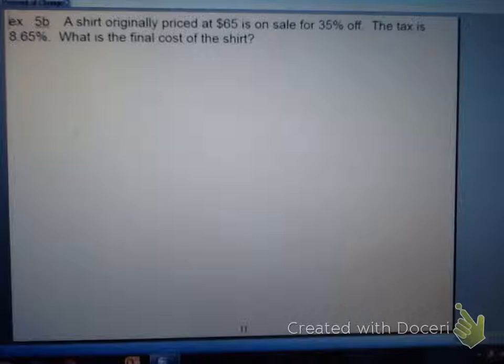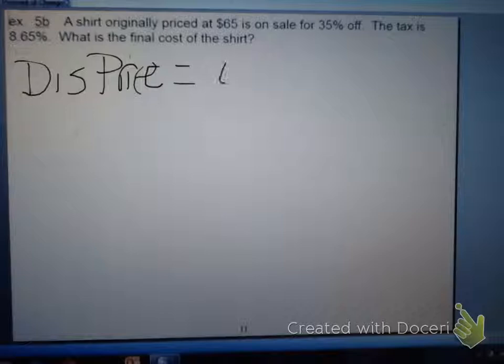5B, a shirt originally priced at $65 is on sale for 35% off. The tax is 8.65%, which is the Dallas tax. What is the final cost of the shirt? Okay, first we have to calculate the discounted price. The discounted price is 65 times, 100 minus 35 is 65.